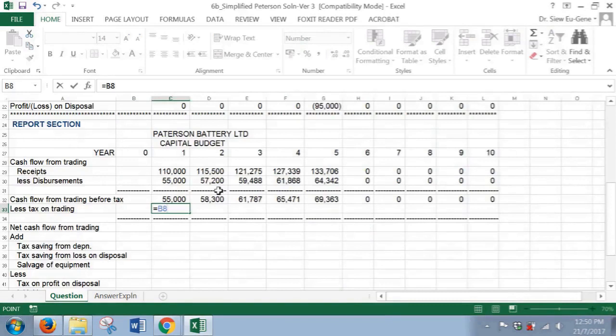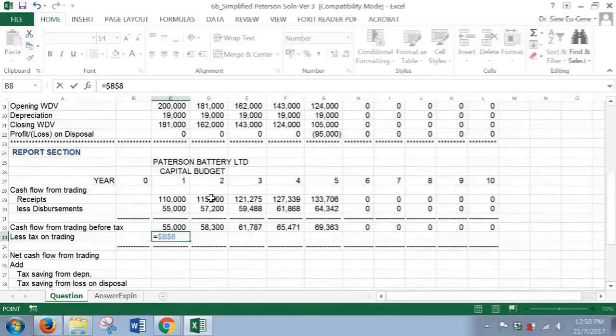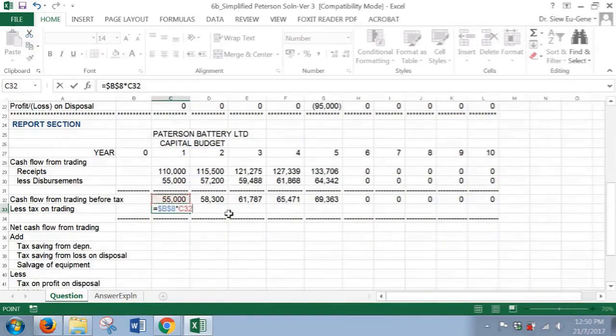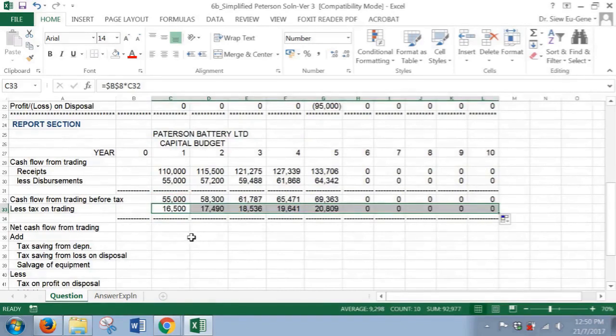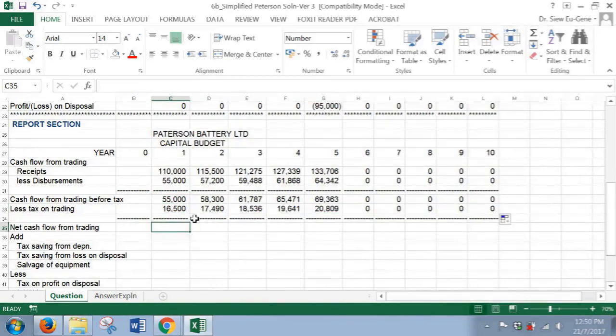We lock this because we always want to maintain B8 and multiply by whatever net cash flows into the company, which is C32. And we drag across. And we calculate the net cash flows from trading, which is just basically the cash inflows less the tax.